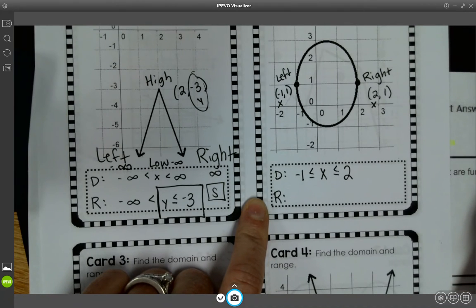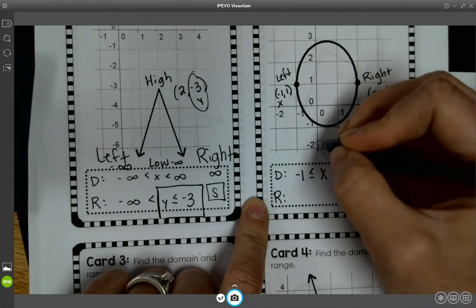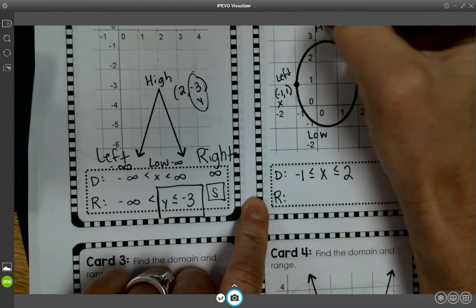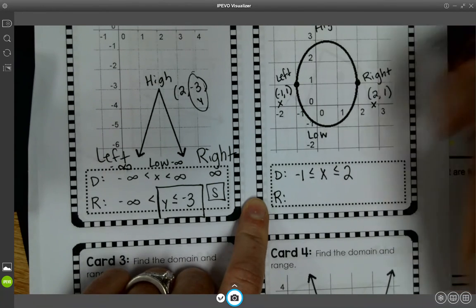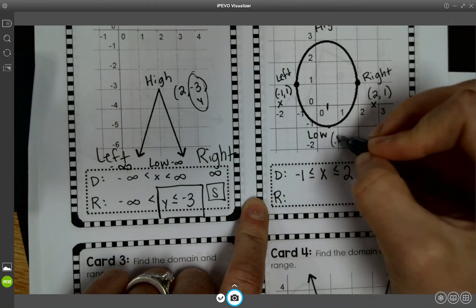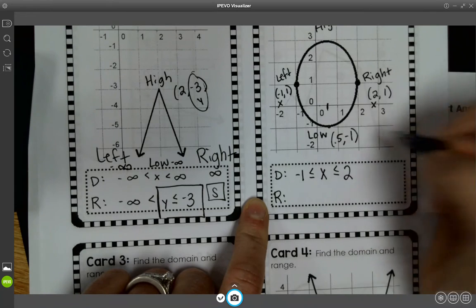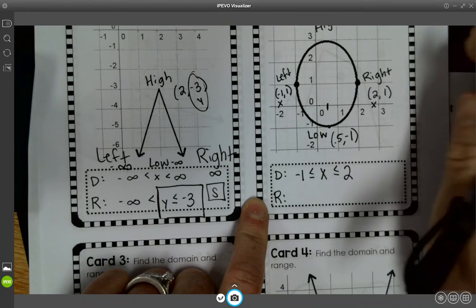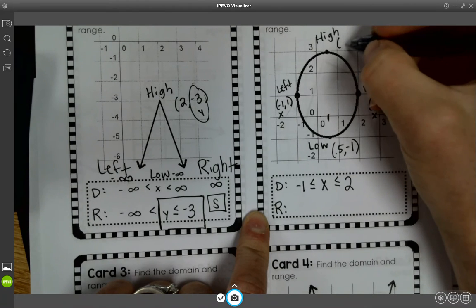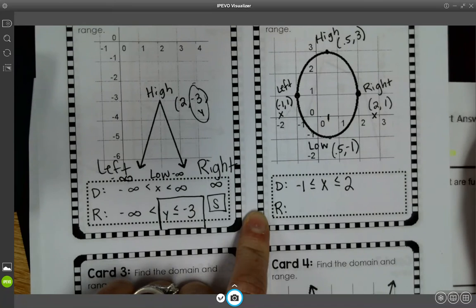And then we'll do our range. Range is low to high. So this is my low value. This is my high value. So this point is at, looks like, maybe 0.5, -1. This point up here looks like it's at, again, half and +3.